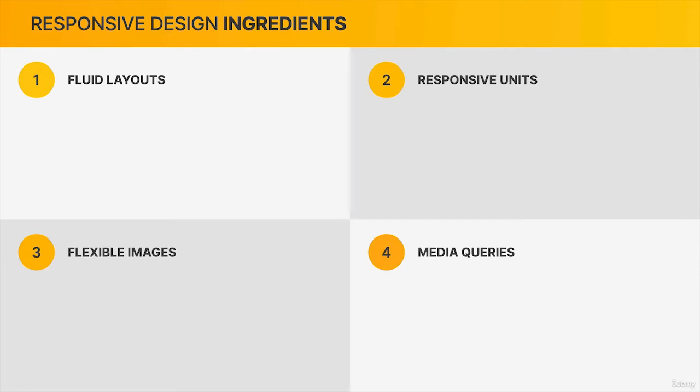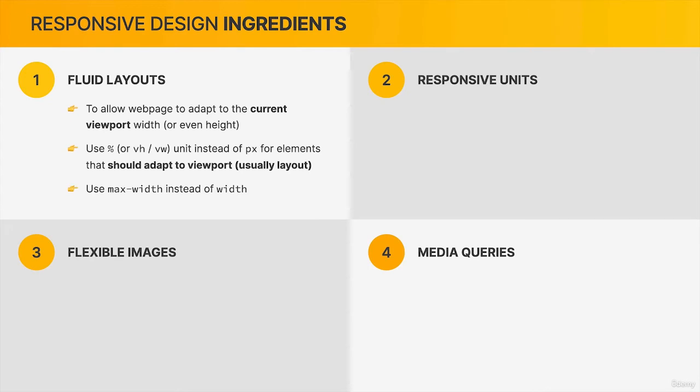And so let's start with fluid layouts, which basically allow the web page to adapt to the current viewport width. This is a behavior that we have already seen in practice a couple of times, especially when we used Flexbox and CSS Grid, which are fluid by default. All right. And we can very easily create fluid layouts simply by using the percentage units for all elements that should adapt to the viewport.